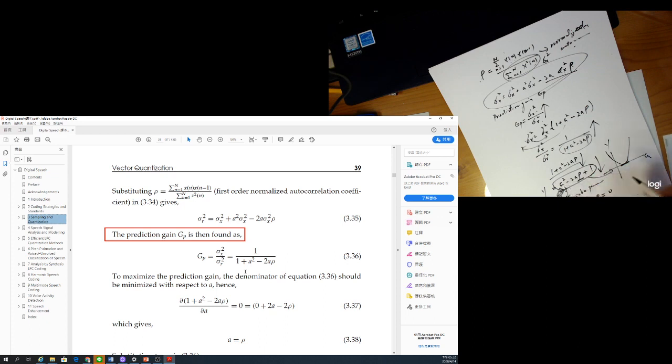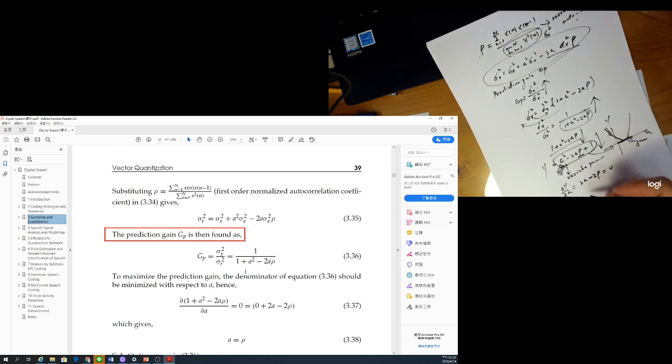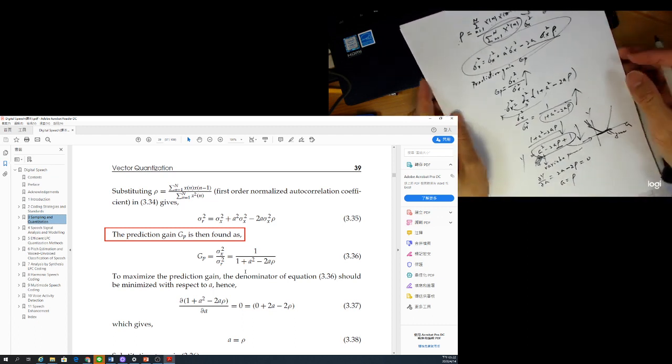If we find the derivative becomes 0, this will be your minimum. So you can see your A will be equal to your R.